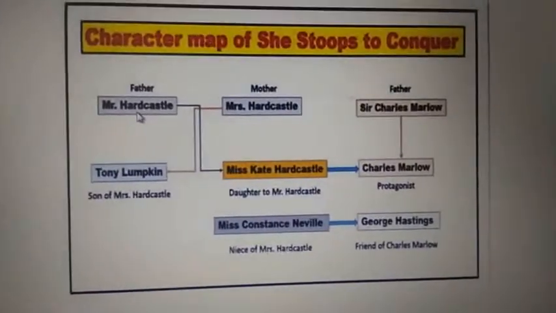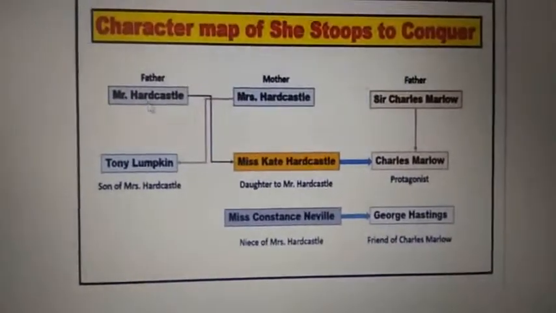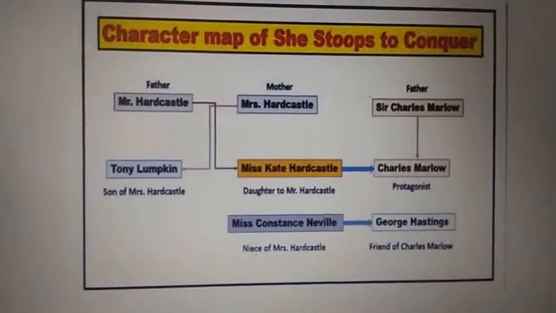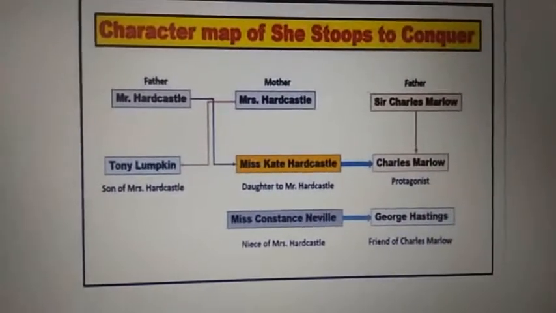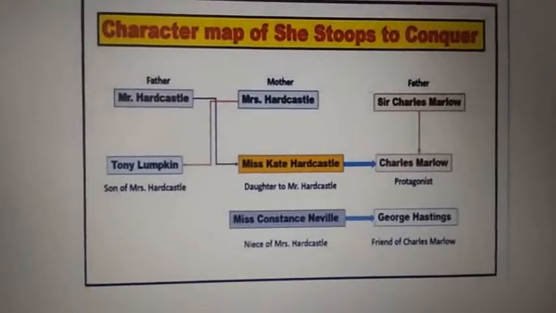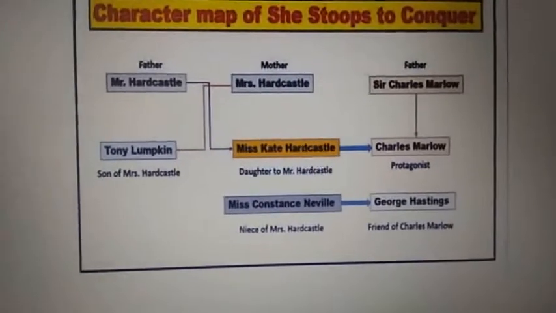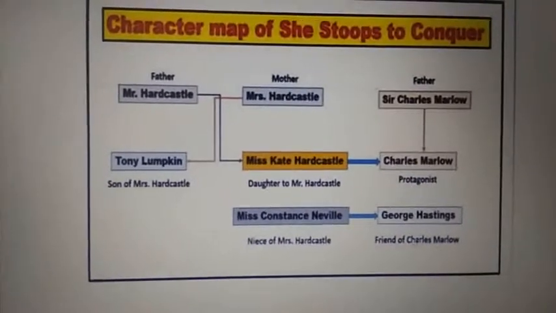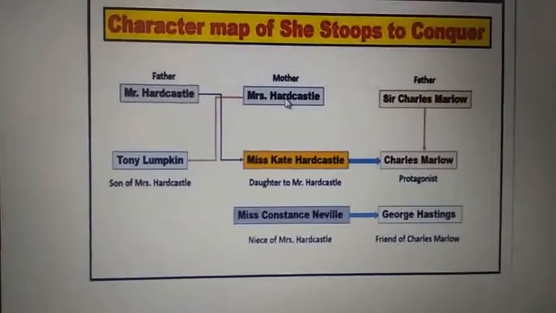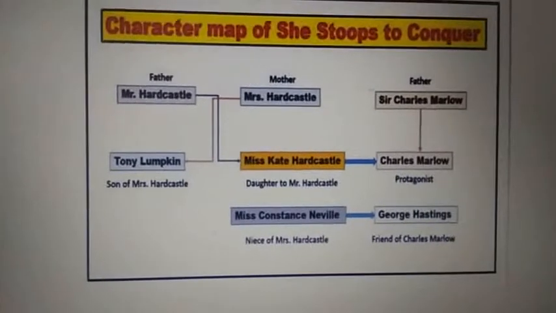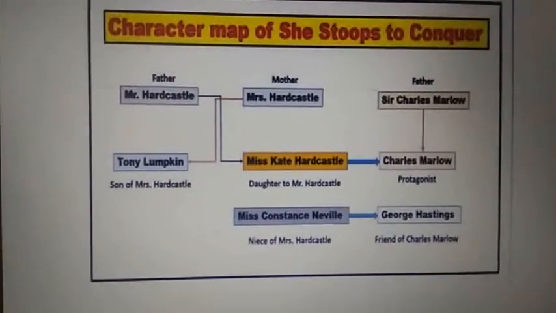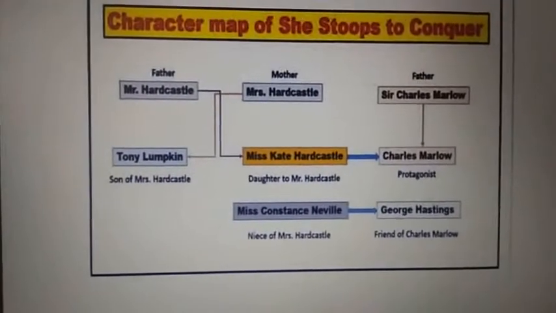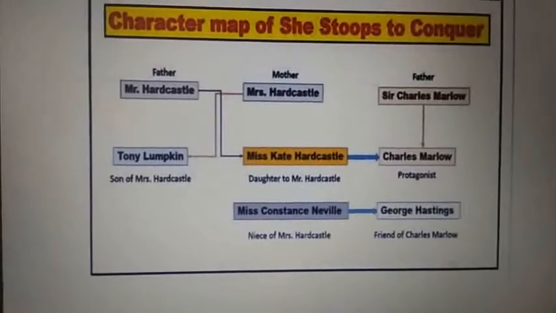The first character is Mr. Hardcastle. Mr. Hardcastle is an old man and father of Miss Kate Hardcastle. And the next character is Mrs. Hardcastle. Mrs. Hardcastle is the wife of Mr. Hardcastle and mother of Tony Lumpkin.